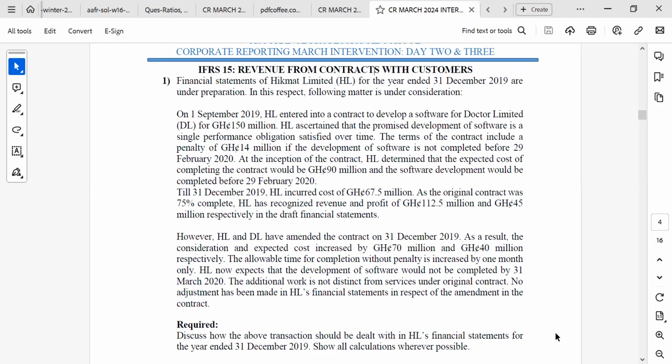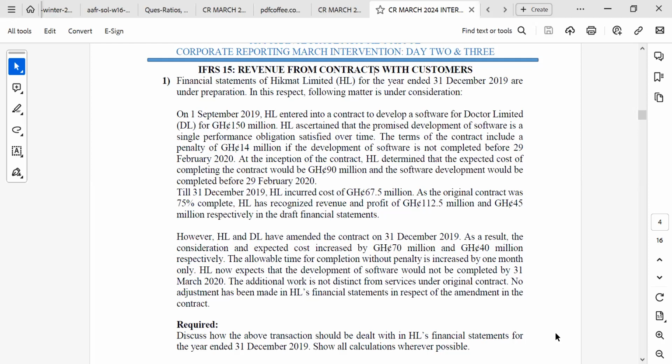Meaning it is highly possible that they will not meet the deadline, so they will pay the penalty. So if you are paying the penalty, it will be paid out of what? The revenue, isn't it? Yes.